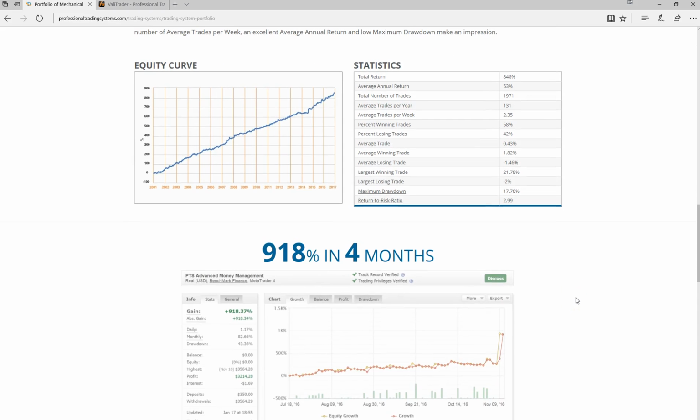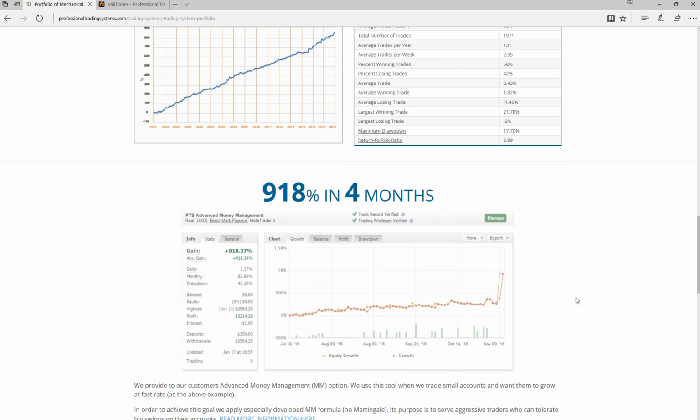Now, if we scroll down a bit further, we can see this is an account that they were running with the portfolio system. Started, was it July last year and concluded in November. So they've claimed to have added 918% in 4 months. I think their target on this account was 900%, which they were able to achieve.